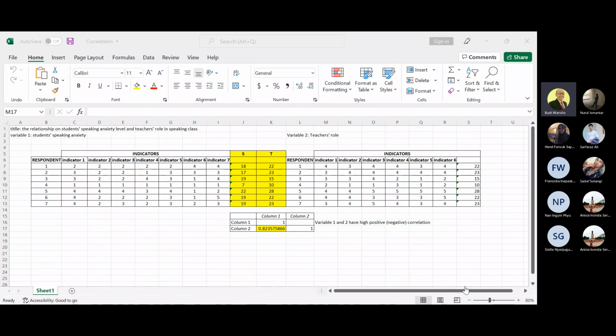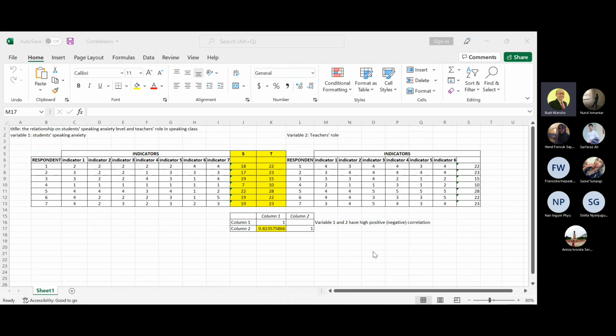The first is this presentation, and you have to complete it in PowerPoint, and please define your real indicators for measuring the two variables. In this example, variable one is students' speaking anxiety, and variable two is teachers' role.